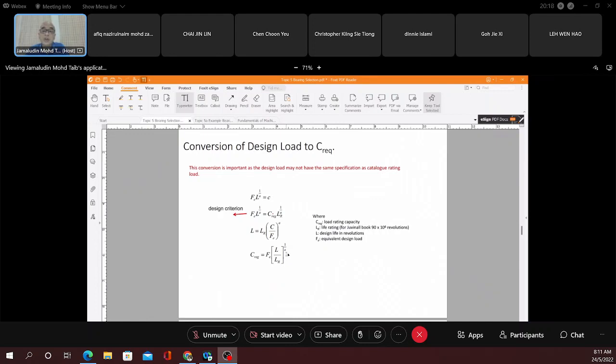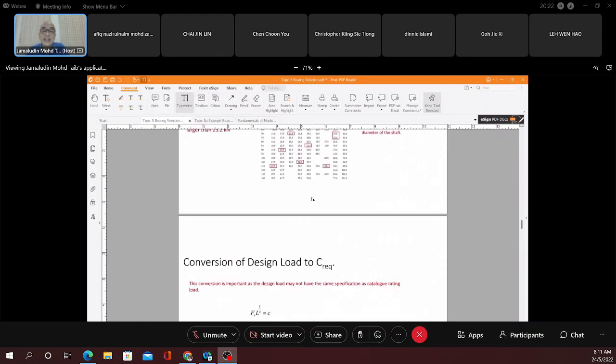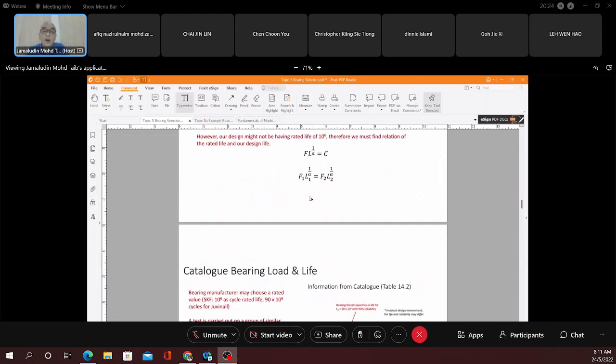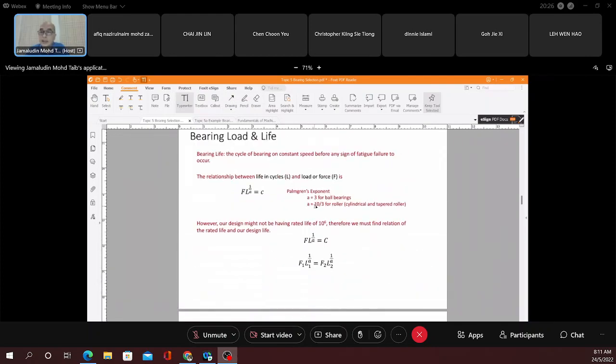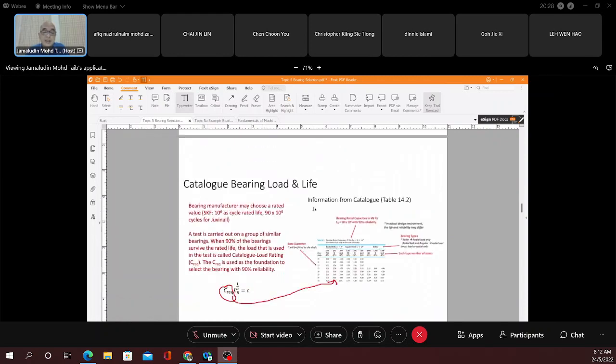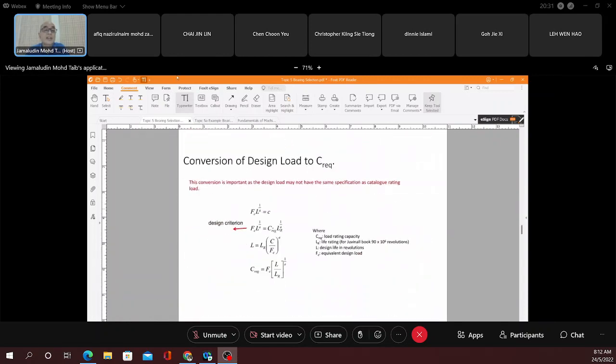I just mentioned this one for Juvenile. It assumes a is 10/3, regardless of whether it is a ball or cylindrical bearing. Juvenile assumes that value, a equal to 10/3. Maybe it will design safer, since the value is larger than when a equals 3.